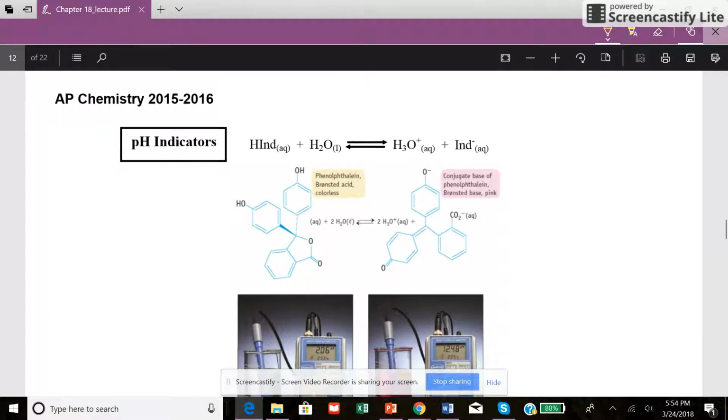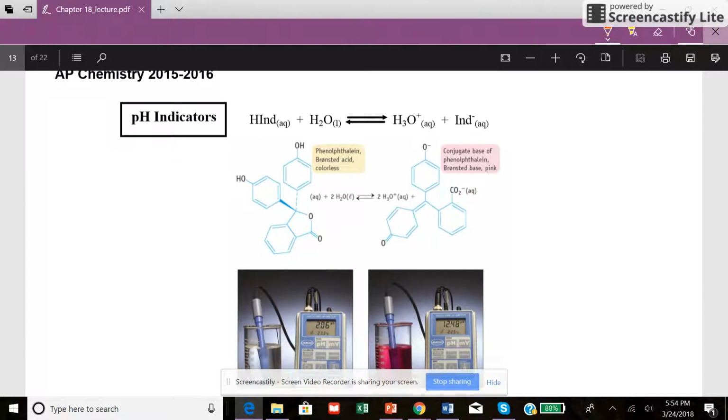Now, we already talked about it. We did the experiment on this, but I just want to re-emphasize that the indicator you use in the lab has acid-base properties, a weak acid or weak base. For example, this is the structure of phenolphthalein that you use. This is the structure of protonated phenolphthalein. You see that it has the H plus over here.